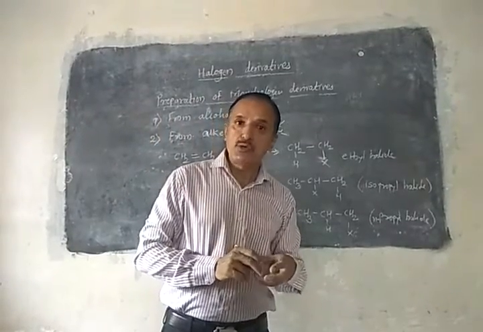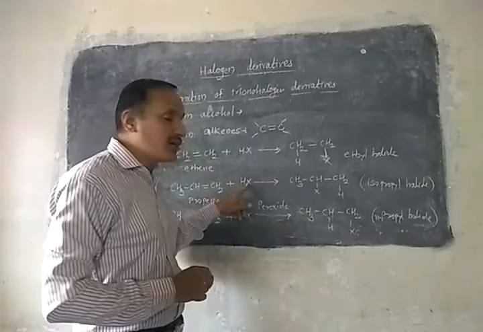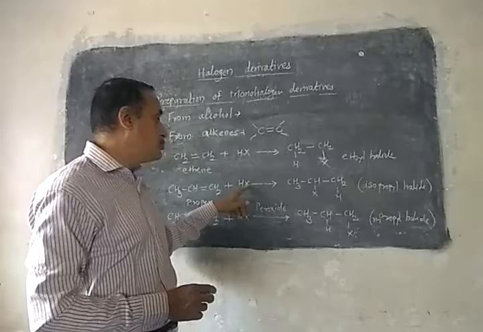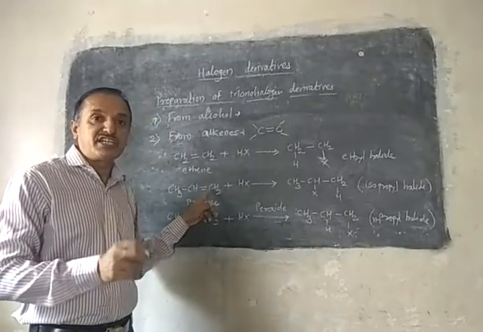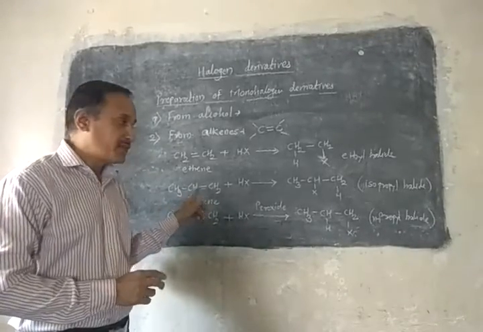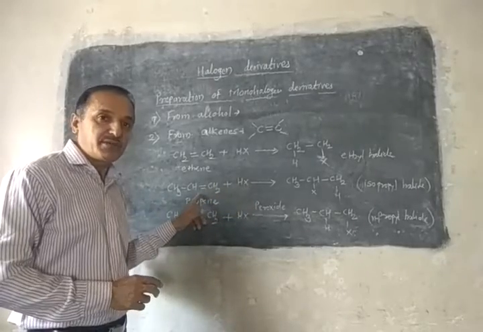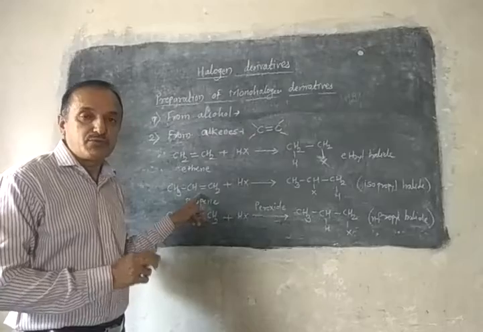Do you remember the Markovnikov rule? Here what happens? The negative part of the halogen acid, that is X, goes to such a carbon atom across the double bond which bears the lesser number of hydrogen atoms.